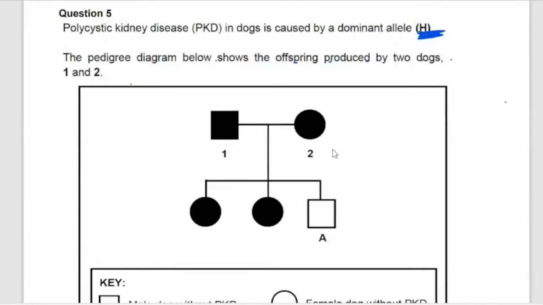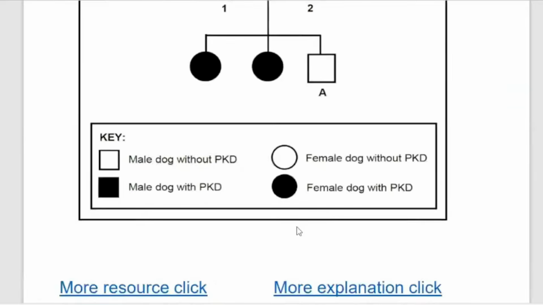This one is also caused by a dominant allele, meaning that the one who is sick. Even here they are saying dogs with the disease and dogs without the disease.